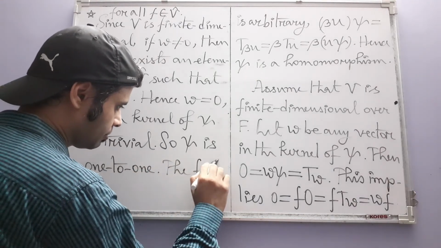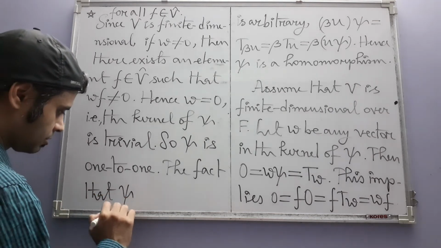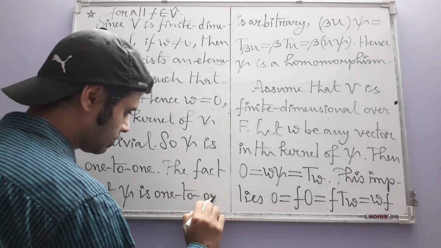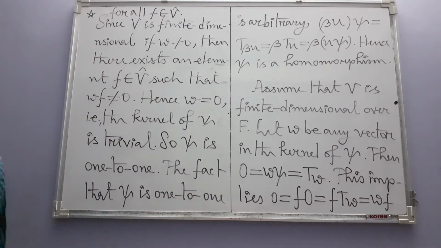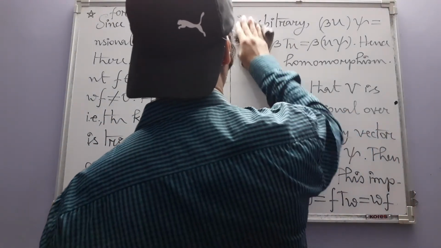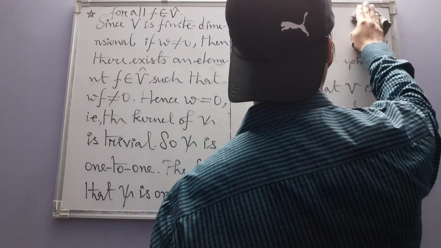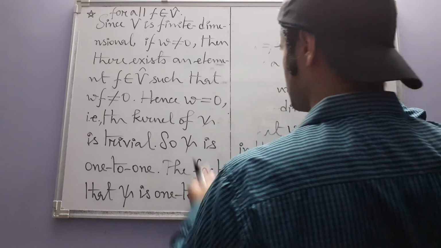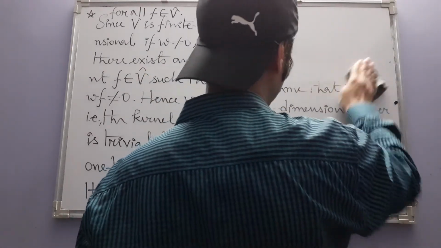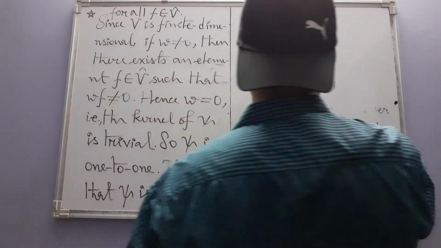The fact that psi is 1 to 1 does not depend on the finite dimensionality of V. But we don't have a proof of that because we did not supply a proof of this one in that case.